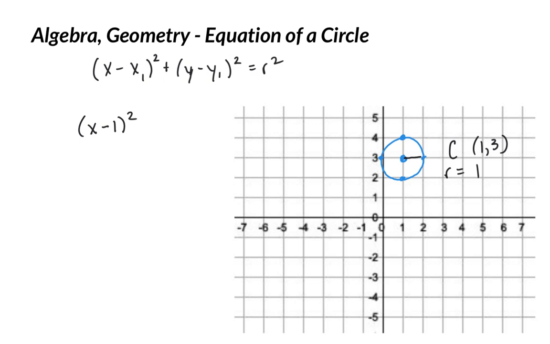Remember, we want our center, our x number, to be the solution to that 0 in parentheses. So it's always the opposite: (x minus 1) squared, and then we have (y minus 3) squared. And that's equal to 1 squared, which, of course, we don't really need the squared, because 1 squared is simply 1.